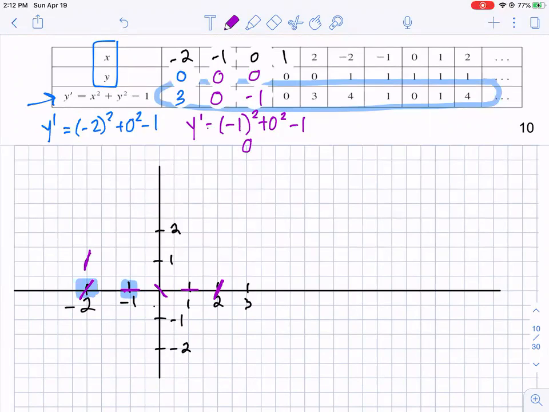At -1, 1, our slope is 1. At 0, 1, our slope is 0. At 1, 1, our slope is 1. And at 2, 1, our slope is 4.